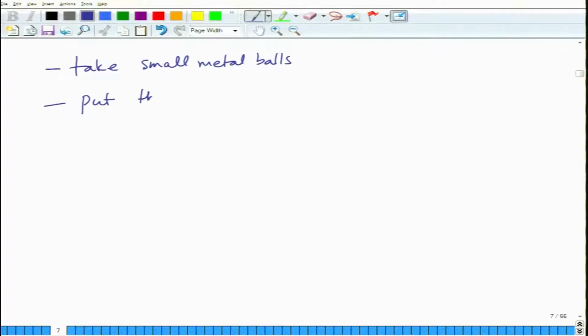Just leave a slight empty space for the balls to move around, and then shake it, and then let them settle down on top of each other, and you will see all sorts of defects forming.